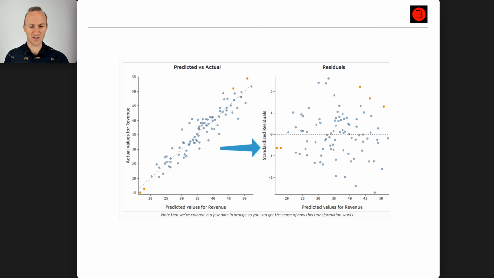Here's predicted on the left, predicted values for revenue. On the right side, it's showing the residuals. The residuals basically give you the distance from the points to the line, okay? If you look at the far left yellow dot, let's say it's at about negative 0.75, that means it was 0.75 under the actual value.